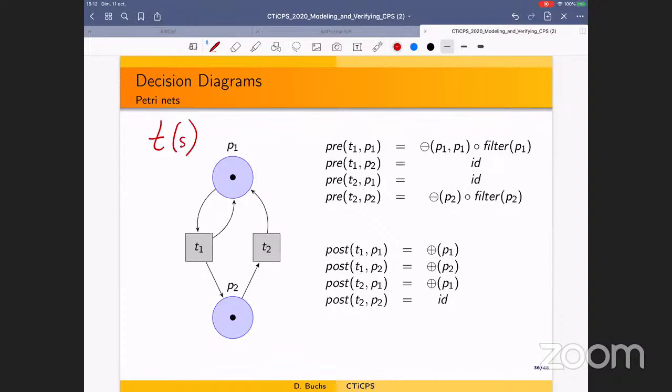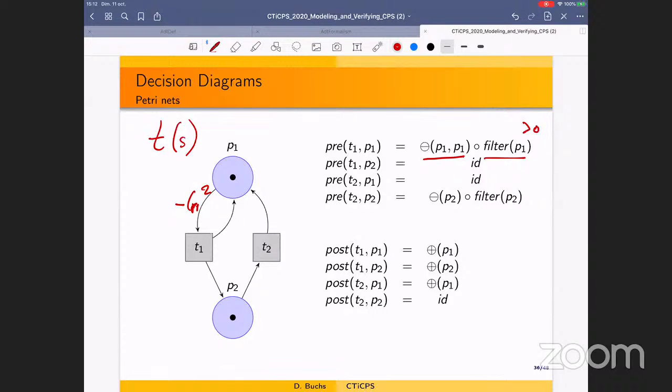So this is done here by applying small homomorphisms. The small homomorphisms are, for instance, the homomorphism like that removes tokens. So minus is, for instance, for T1, this is the minus of P1, and, okay, maybe here there is something wrong, okay, it's 2. So you are removing twice P1, and then we have to decide if P1 is greater than 0.